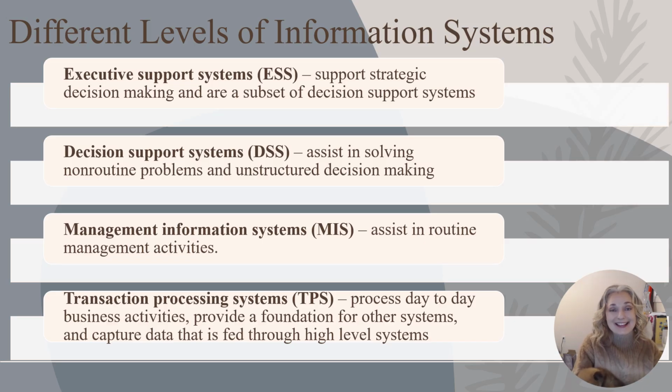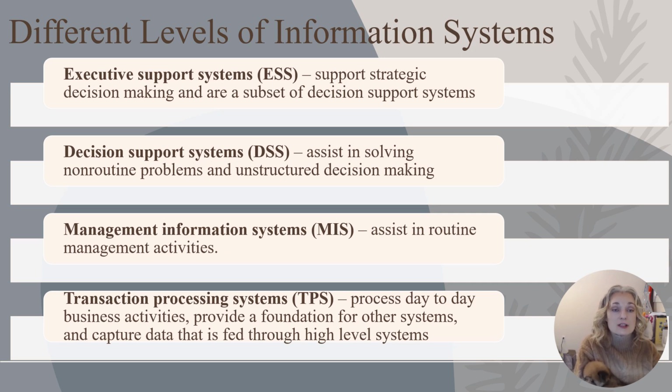As we discussed in class, different employees require different information. So there are different information systems used based on who the user is. Our executive support systems support strategic decision making, and they are a subset of decision support systems, whereas our decision support system assists in solving non-routine problems and unstructured decision making.